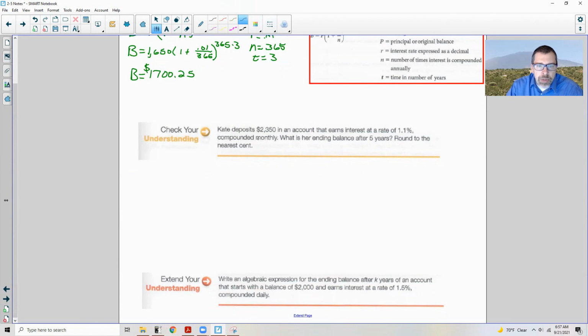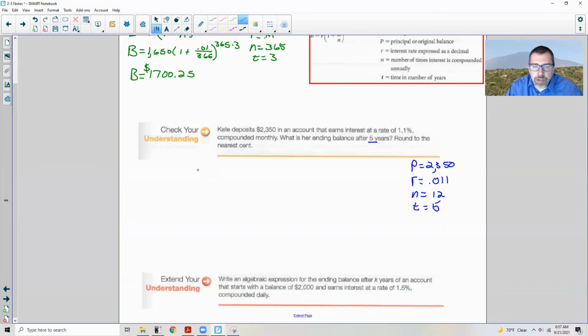So it says Kate deposited $2,350. So that's my principal, $2,350 into an account that earns interest at a rate of 1.1%. So that's our R, 0.011, compounded monthly. So that's our N, and that's 12 times a year, and our time is 5 years.